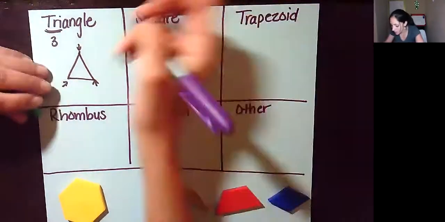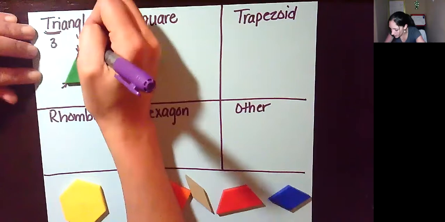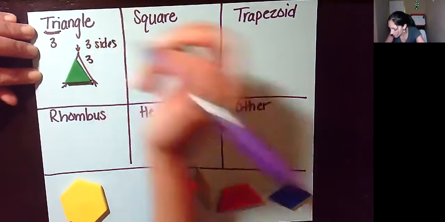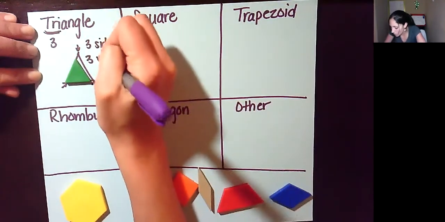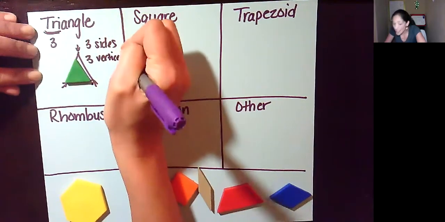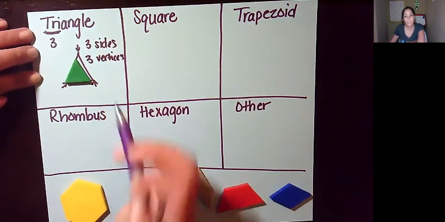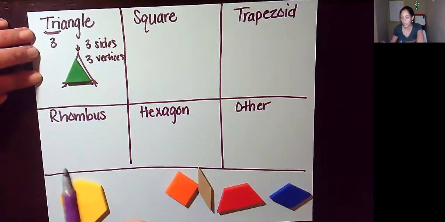So the defining characteristics of a triangle is that it has 3 flat sides and 3 corners or vertices. We could say corners, but we're mathematicians, so we're going to say vertices because that's just cooler.